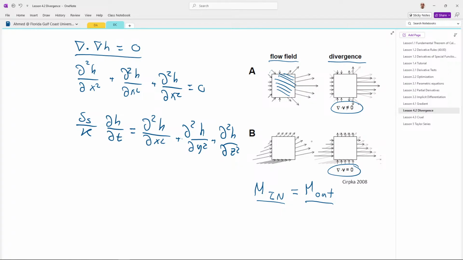They are not equal. So what is entering the system is less than what's leaving the system. So you have a divergence here that is not equal to 0, versus in a steady state, the input flux is equal to the output flux in the x direction. Then you have 0 divergence. You might have rotation here because these things might cause rotation. So you might have rotation but 0 divergence, for example.